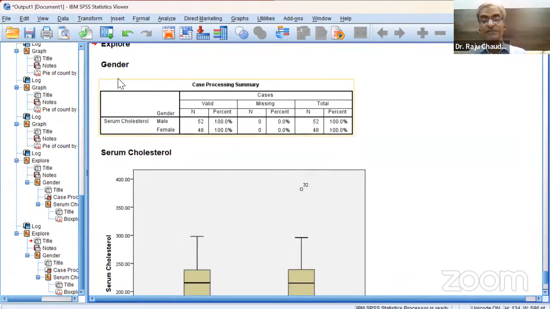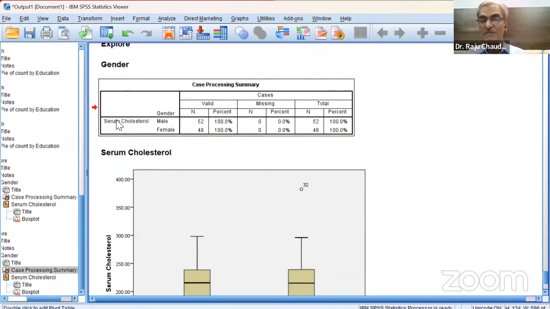Now first output is a case processing summary, right? So serum cholesterol is a main variable. Another variable is gender, which is categorical. So their labels are there. Valid observation, right? Summary of the data. So male 52, female 48. And this is a percentage.